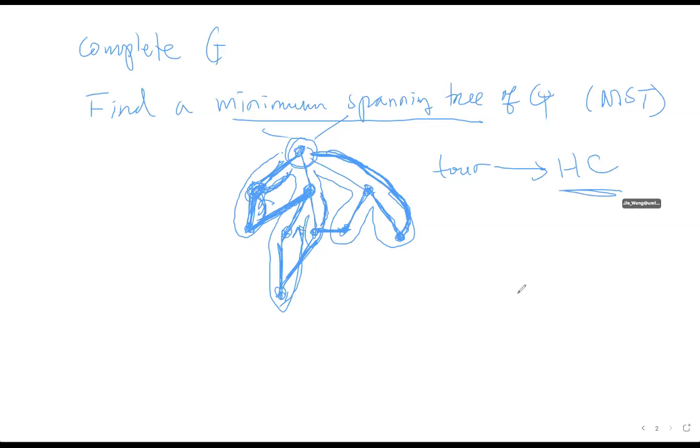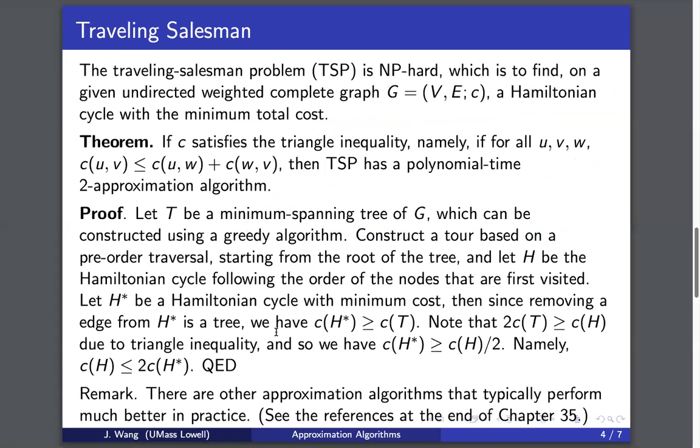Then I want to know the cost of this Hamiltonian circuit compared to the optimal one. Okay, so then we can use triangle inequality to prove the relationship of an approximation ratio of 2. Okay, now let's go back to the proof here. All right. Okay.